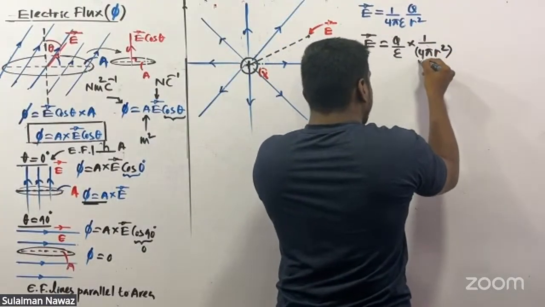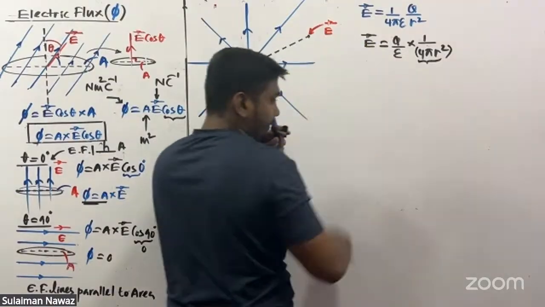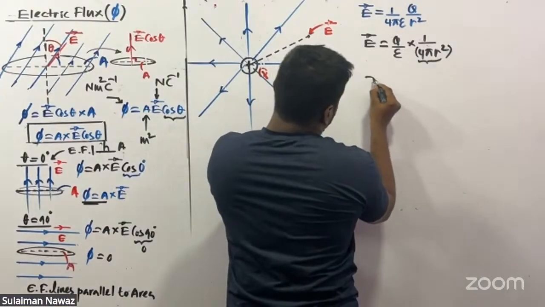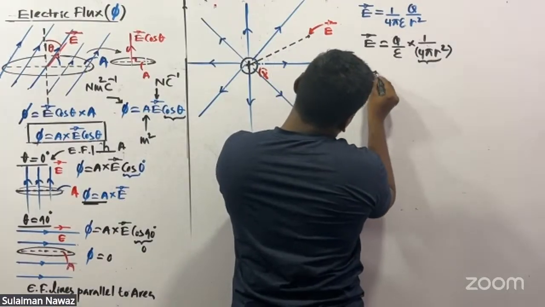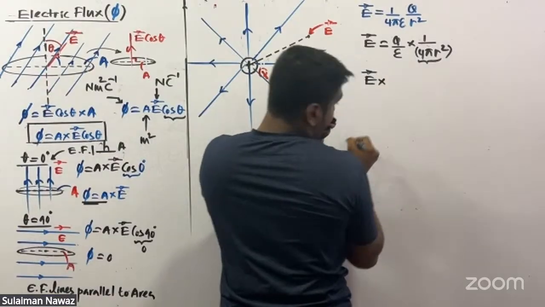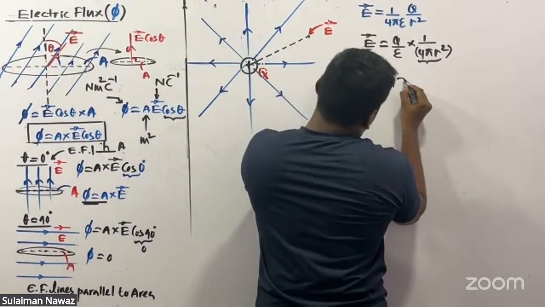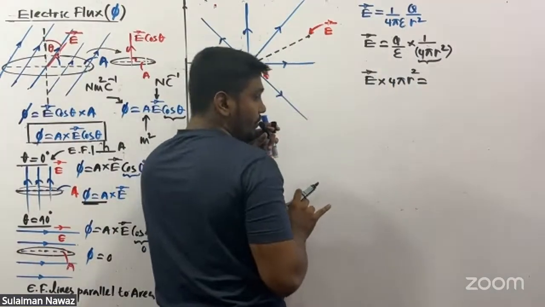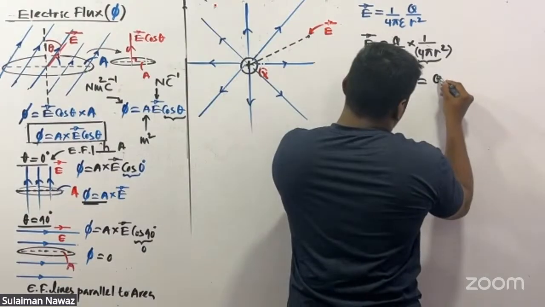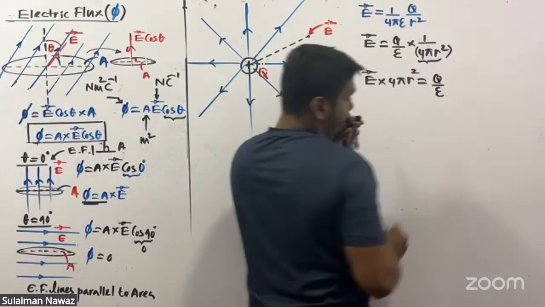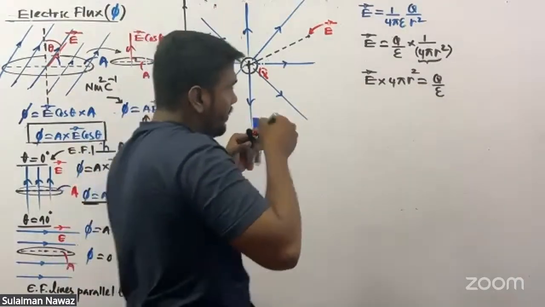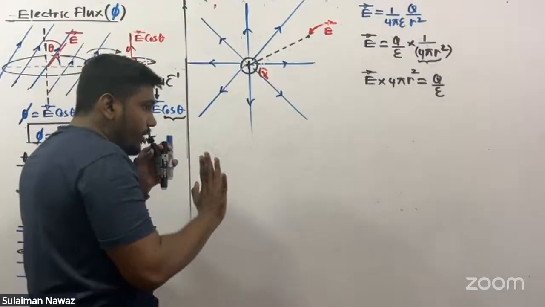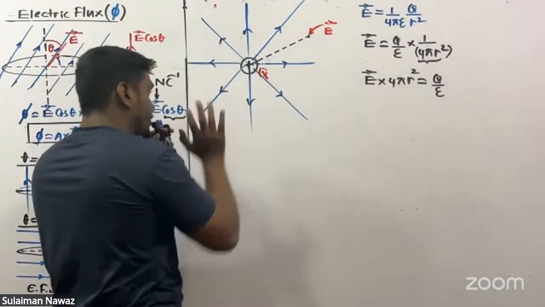I thought of moving this 4 pi r squared to the left side. Then I can write intensity into 4 pi r squared must be equal to capital Q over epsilon.